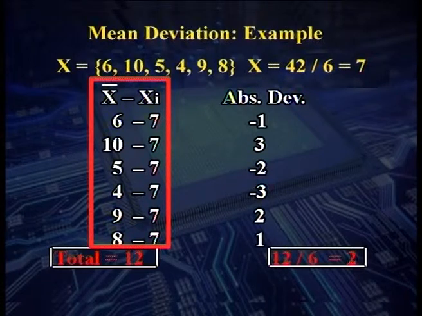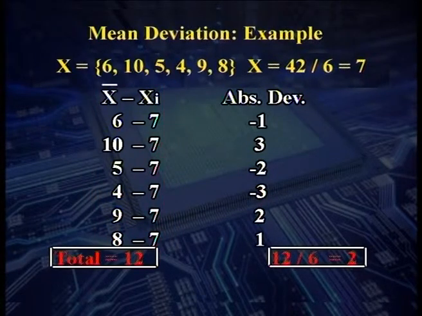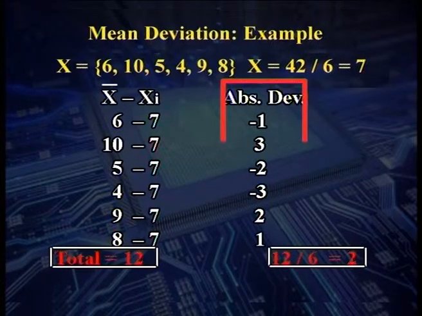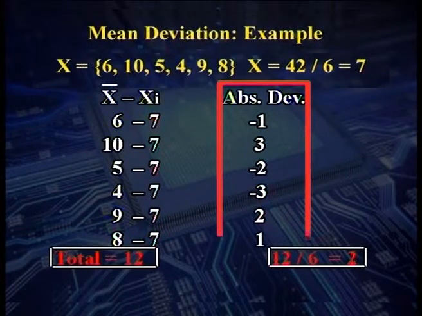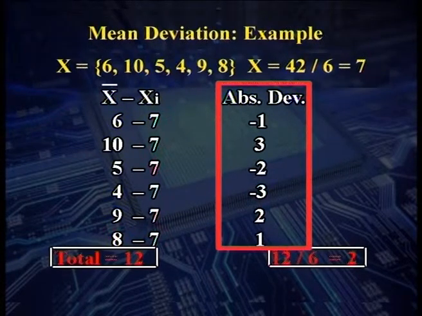Mean is 7. For the deviations, 6 minus 7 is equal to minus 1, 10 minus 7 is equal to 3, 5 minus 7 is equal to minus 2, 4 minus 7 is equal to minus 3, 9 minus 7 is equal to 2, and 8 minus 7 is equal to 1.